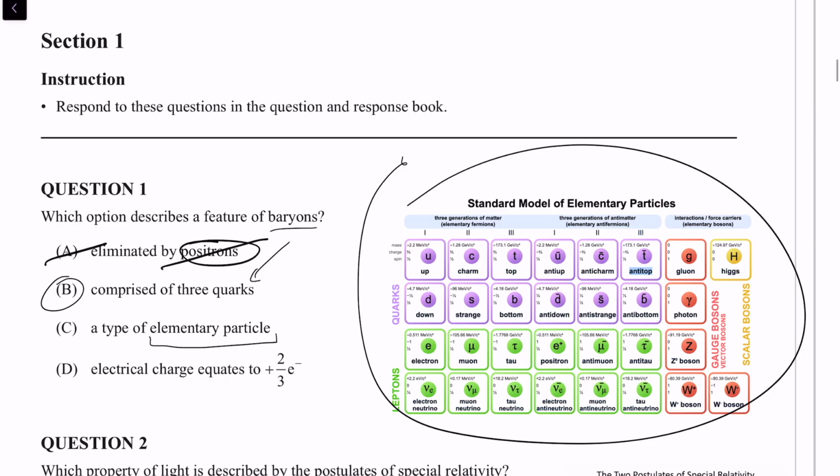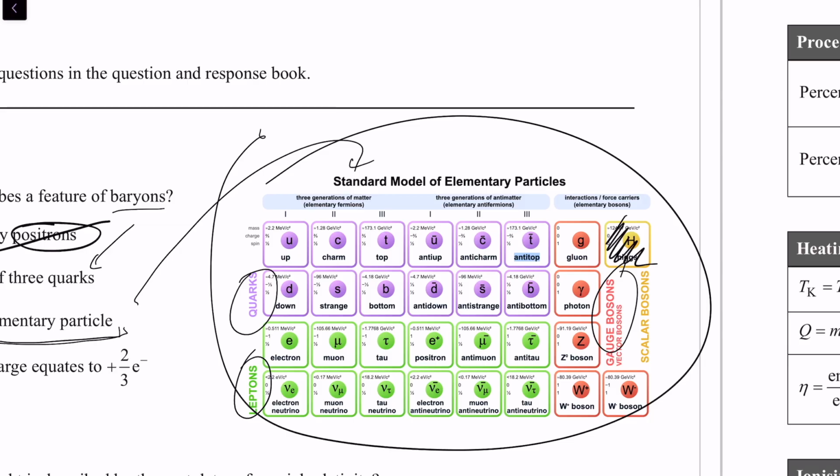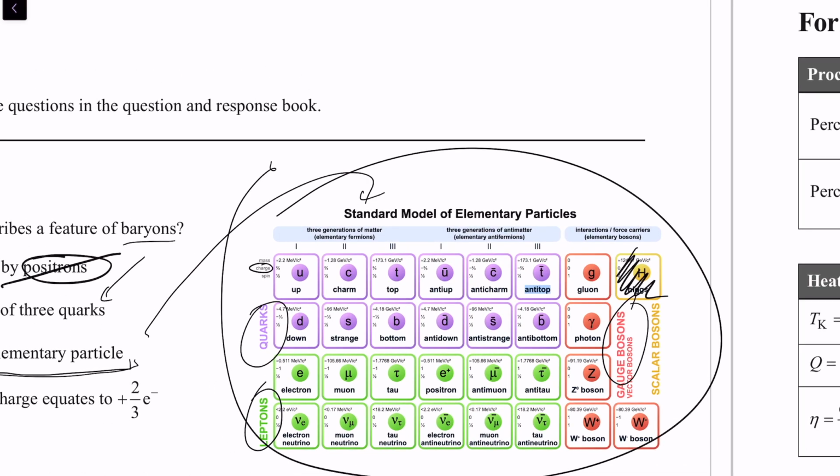A type of elementary particle would be something like the individual quarks themselves, or the leptons, or the gauge bosons, and stuff like that. You don't need to know anything about Higgs, and I think that's the only one you don't need to know. Everything else you should have an understanding of, and take note of the charges as well.